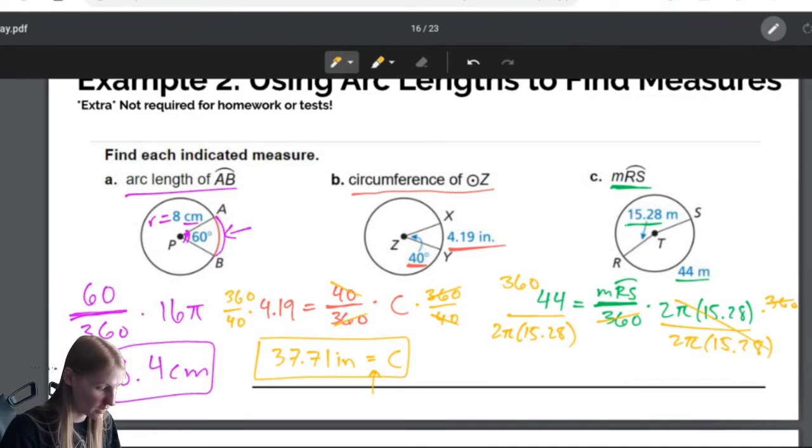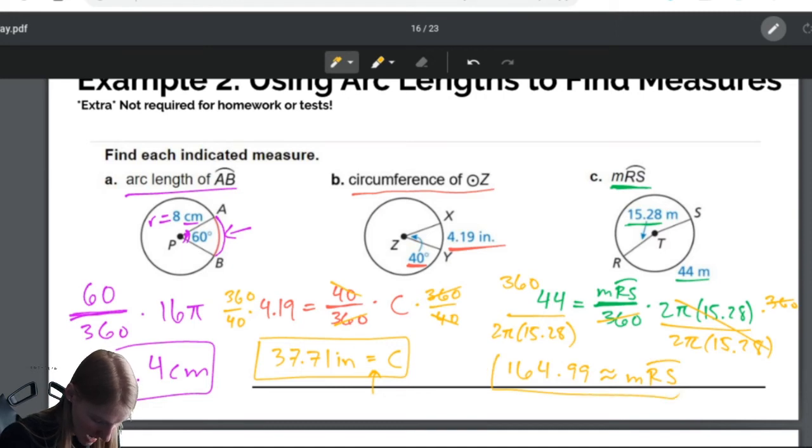So, 44 times 360 divided by 2 pi times 15.28. And that is approximately 164.99.